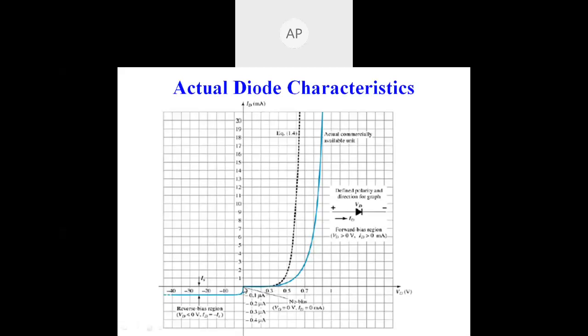Once the applied external potential is greater than the barrier potential, the current immediately rises.